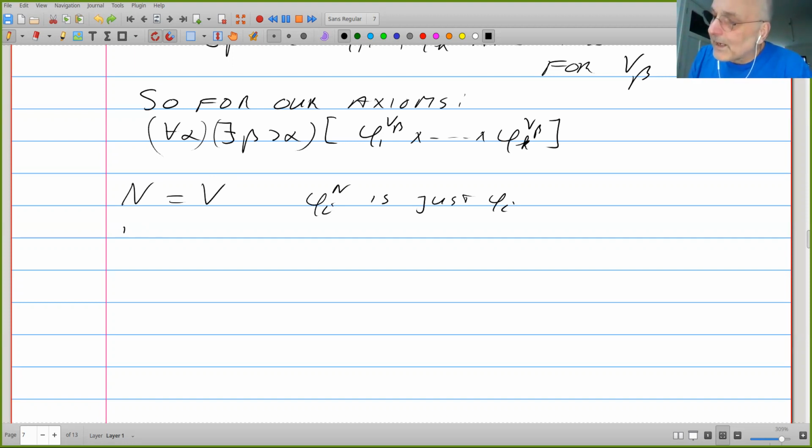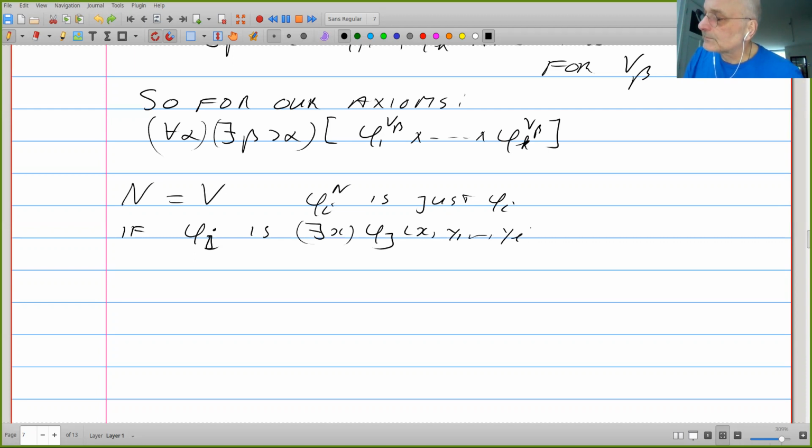And if our formula is of the form existential quantification, then we can define g of I. It might be true, it might not be true for the yi up to yl.